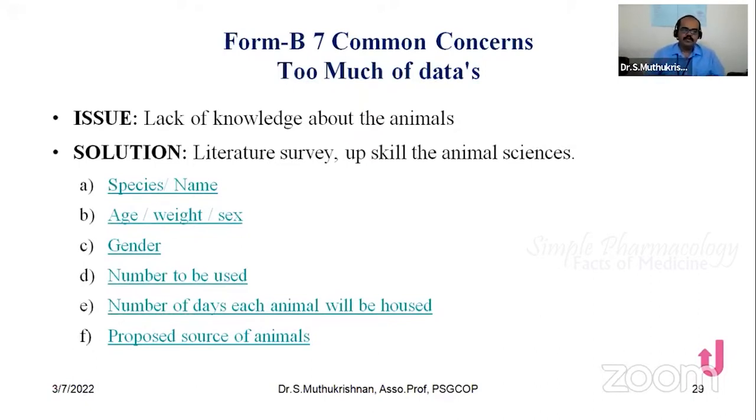Once you fill part 7, you must have the knowledge. You cannot get all of it only from the literature survey; you have to upskill your animal science knowledge also. So better to discuss with a pharmacologist or veterinarian before filling the columns. Even though you can get plenty of knowledge from the literature survey, it's not enough to fill this part.